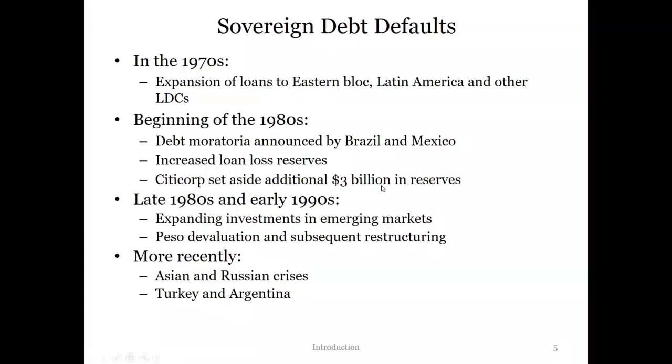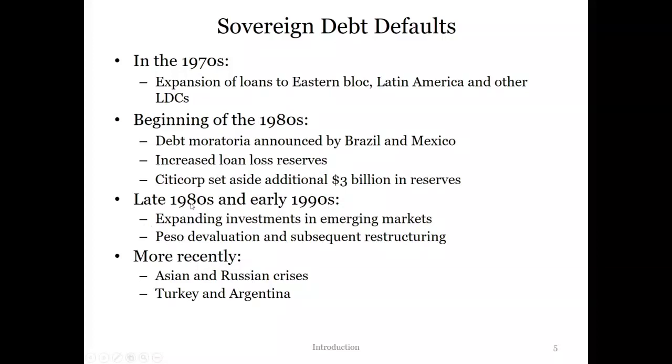And you see how during that time, Citicorp set aside an additional $3 billion in loan loss reserves, right? So you could have a feeling that when a government claims sovereign default, that could mean huge, huge losses for the banks, right? So it can be very dangerous.